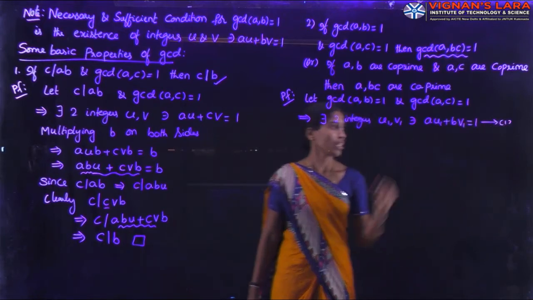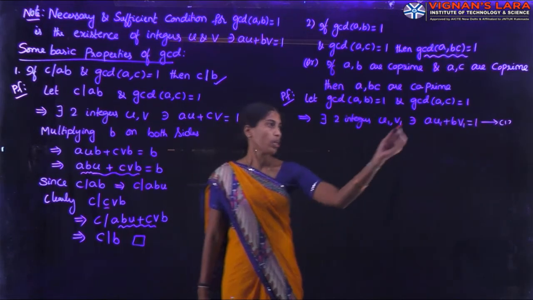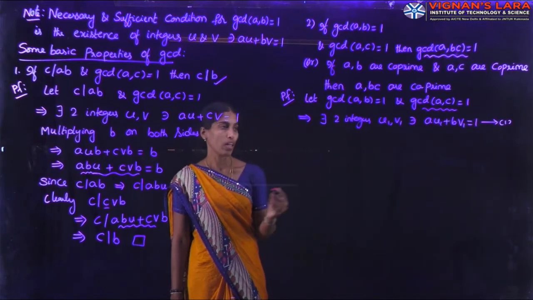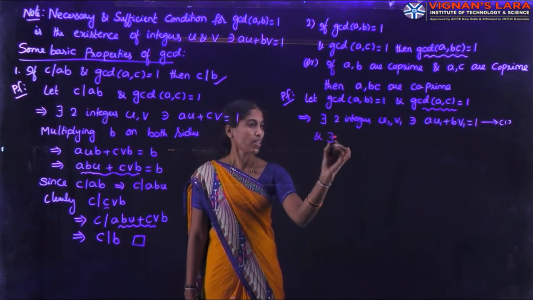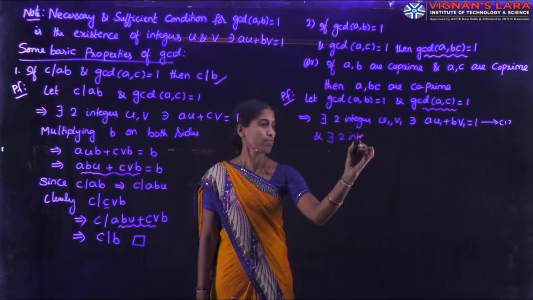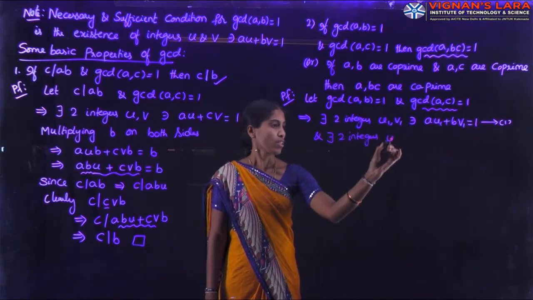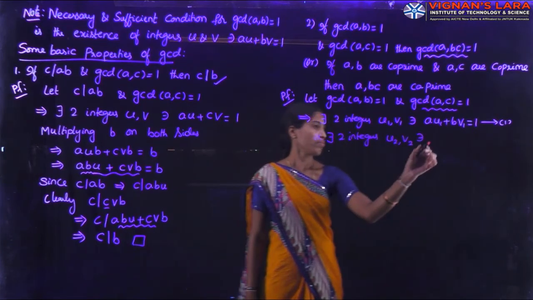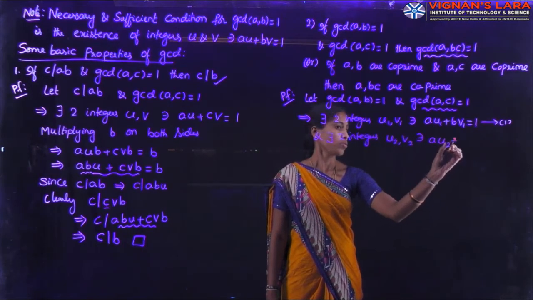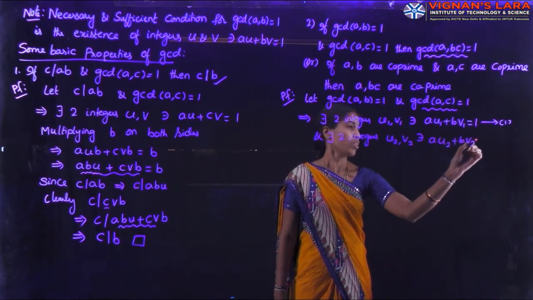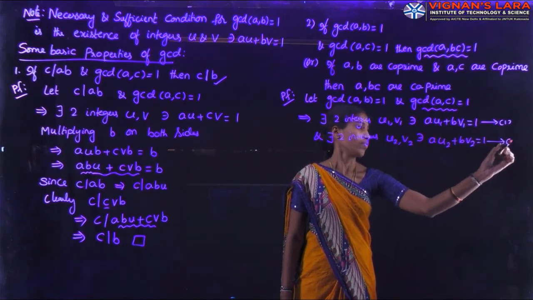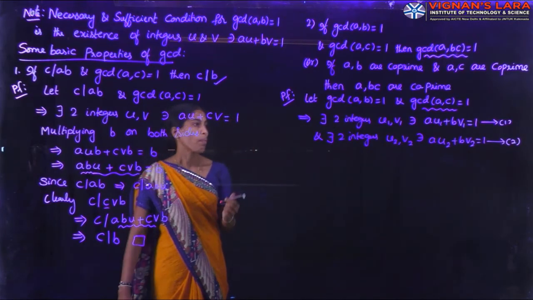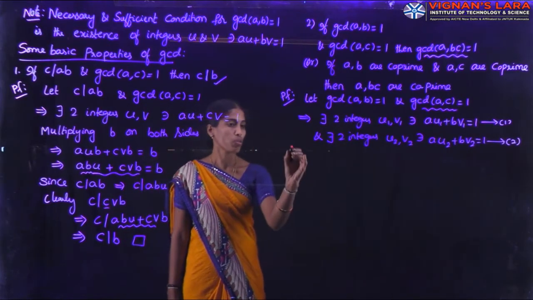Let it be equation 1. Now, using the second one, here also the GCD value is 1, so again there exist two integers u2 comma v2 such that a u2 plus c v2 is equal to 1. This is equation 2. Now, multiply equations 1 and 2.